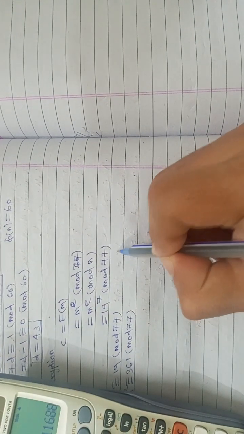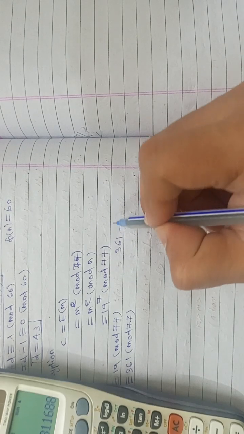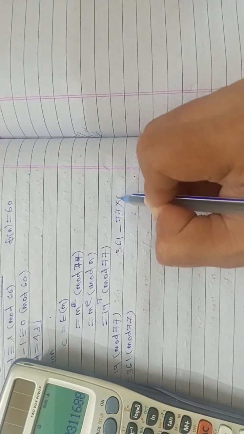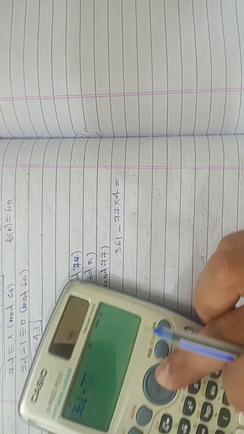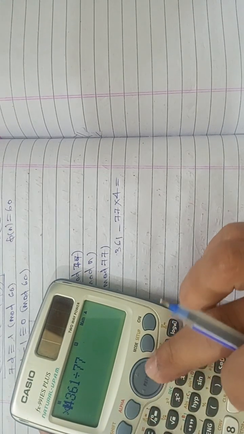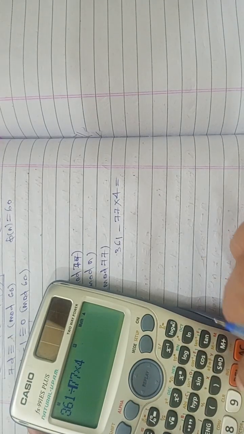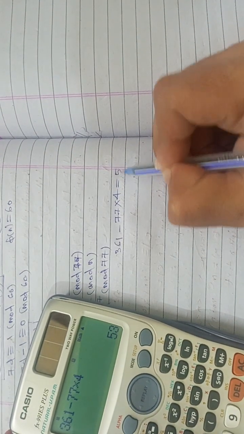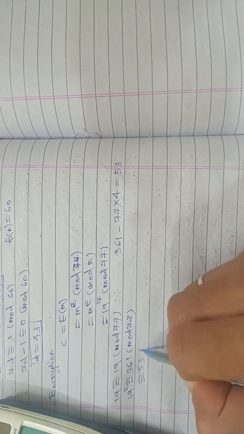So 361 minus 77 into 4 equals 53. The value comes as 53 mod 77.